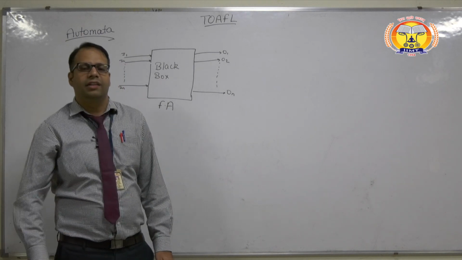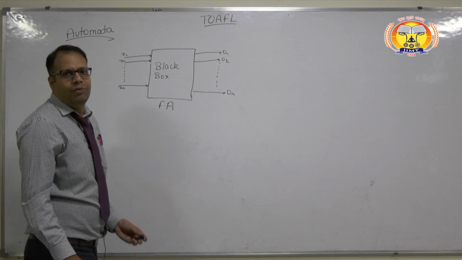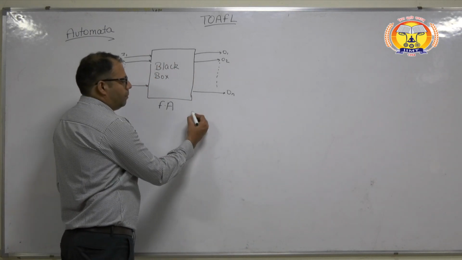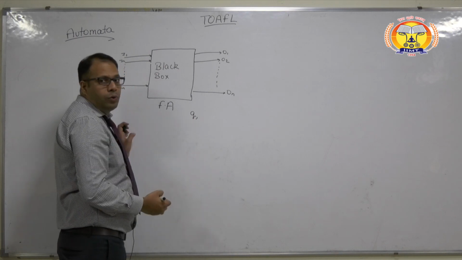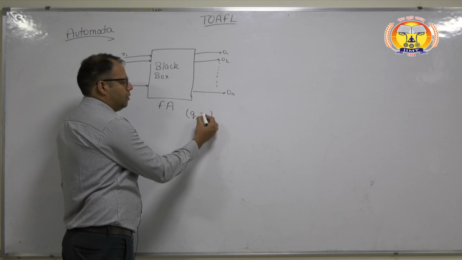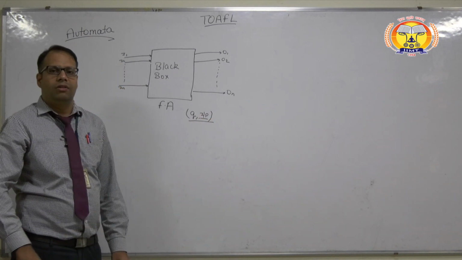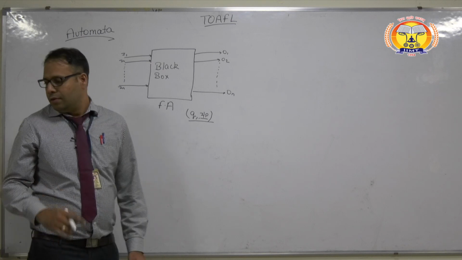Why do we say it is finite automata? Because we give a set of sequence as input, and the input is Q, a finite set of states, with input symbols. That's why this automata is known as finite automata.